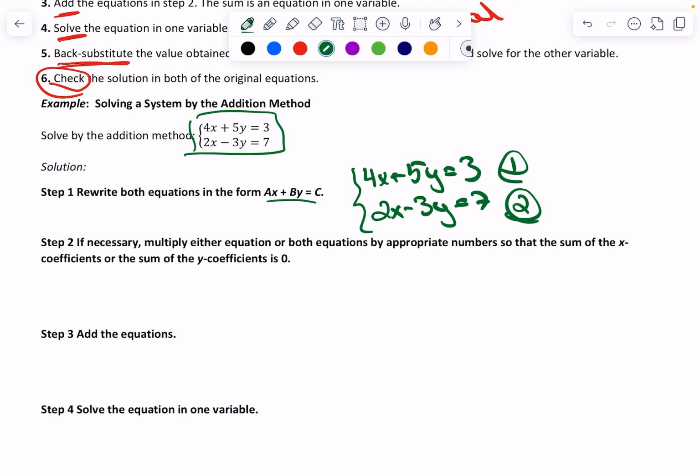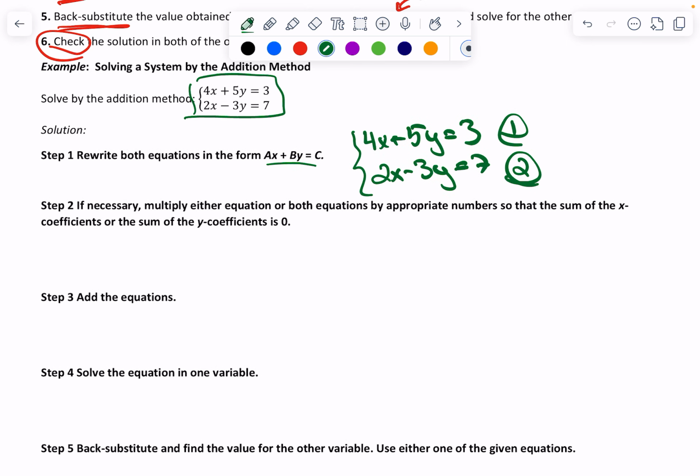Next, if necessary, multiply either equation or both equations by appropriate numbers so that the sum of the x coefficients or the sum of the y coefficients is 0. If we add 4x and 2x, it's going to be 6x. If we add 5y and negative 3y, it's going to be 2y. So neither one of them adds up to 0 right now.